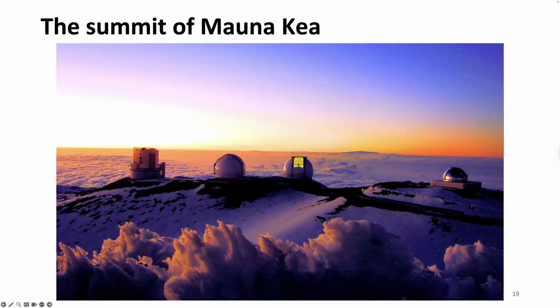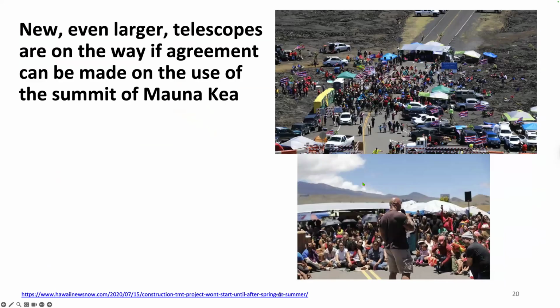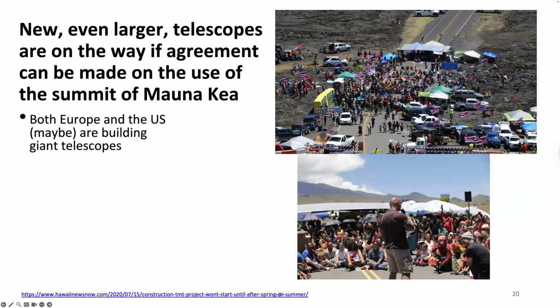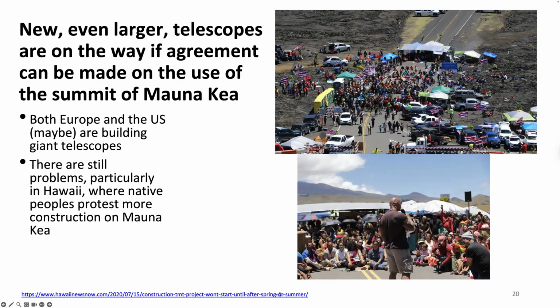It's a busy area, and it is the subject of protests because native peoples consider the summit of the mountain to be a sacred place, and they don't want telescopes up there. There was constant arguing about building a super telescope, a 30-meter telescope there, but this is effort by protesters blocking the road to the summit and so forth.